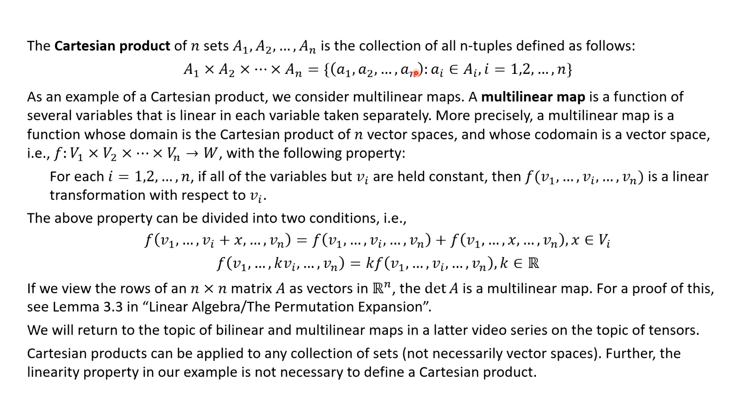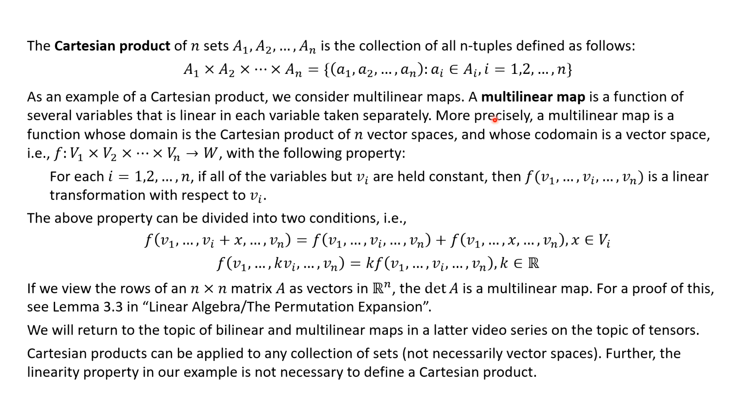So here's your n-tuple, and then you can take any combination of these elements from these sets. So a1 has to come from A1, a2 has to come from A2, and so on. And we've seen this for Rn. For example, Rn, n-dimensional Euclidean space, is the Cartesian product of n copies of the real numbers.